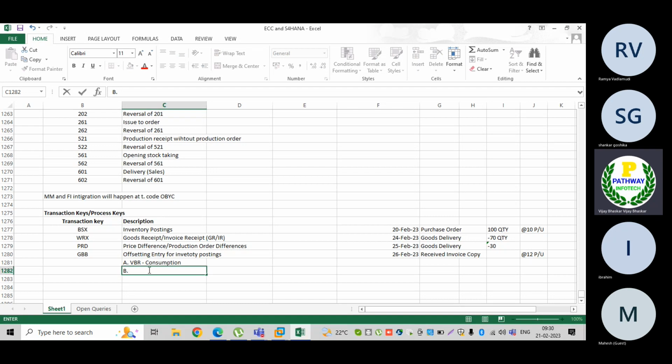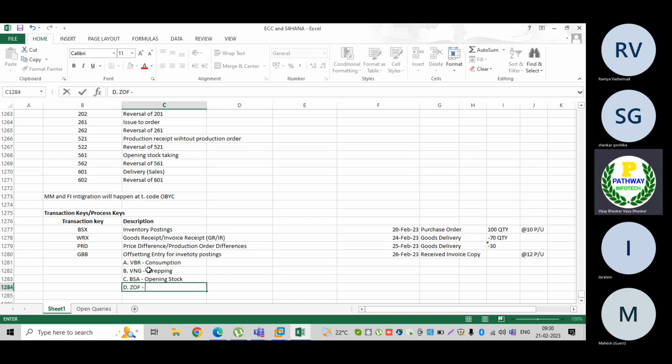The next one is VNG. VNG is scrapping. In case there is any scrapping, we need to map the GL accounts into VNG. Then BSA. BSA is the opening stocks. The next one is ZOF.